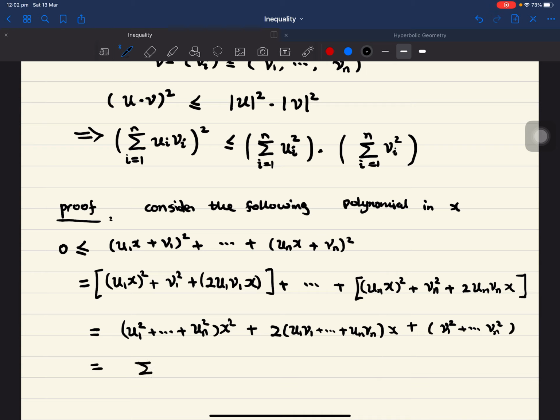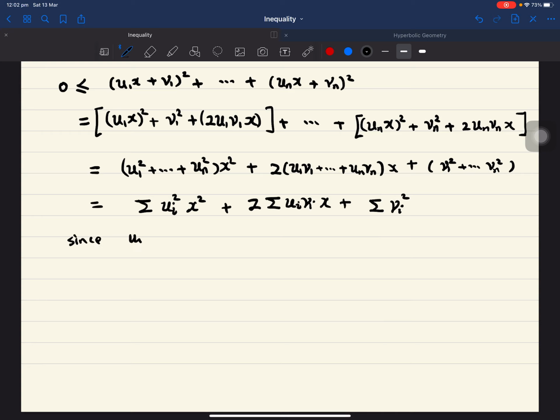That gives us the sum of Ui squared times x squared, plus 2 times the sum of UiVi times x, plus the sum of Vi squared.